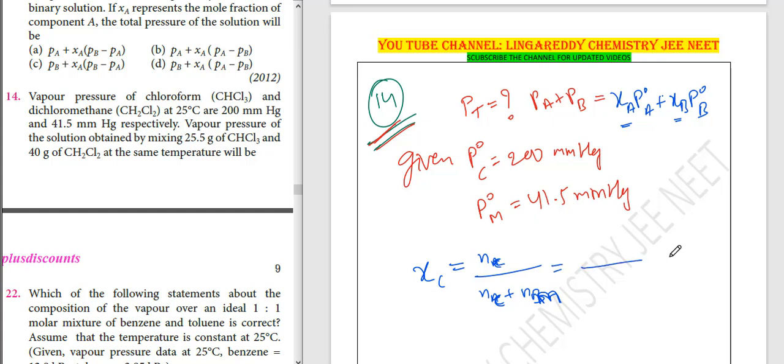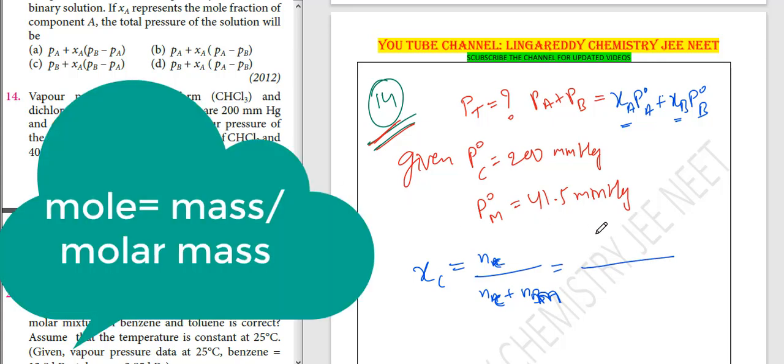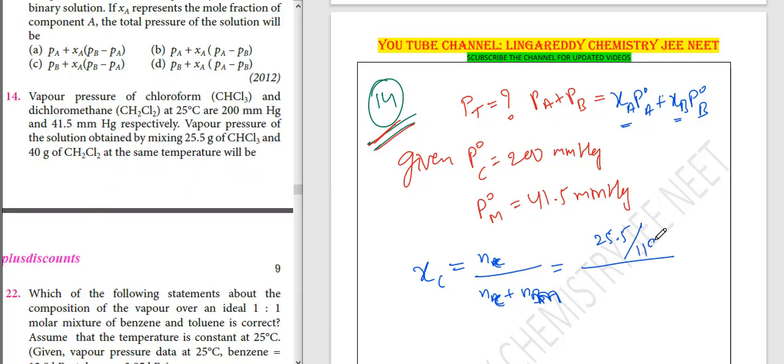First I have to calculate this. 25.5 upon molecular mass 119.5, then 25.5 by 119.5 plus dichloromethane.